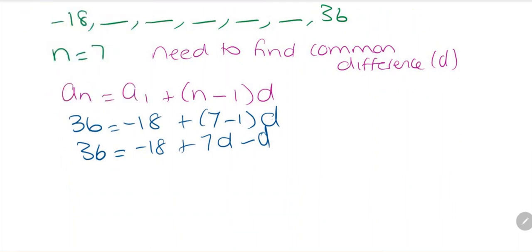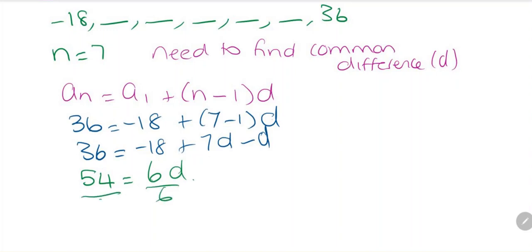So taking the adding 18 to both sides, so 36 plus 18 is going to be 54, and 7d minus d is 6d.